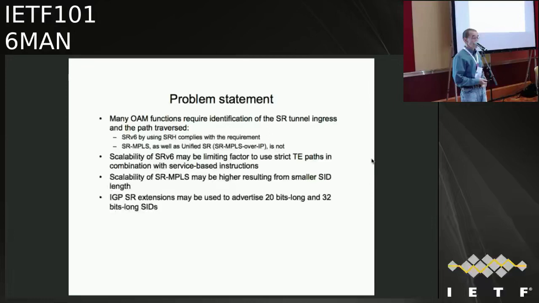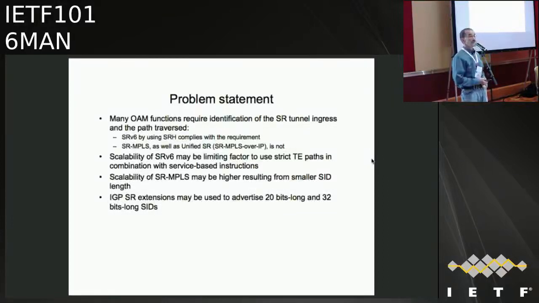On the other hand, scalability of SR with an IPv6 network is a concern because of the use of 128-bit long SIDs. On the other hand, SR MPLS, because it uses MPLS identifiers, 20-bit identifiers, is much more scalable, especially if we want to encode service function indices, IDs.